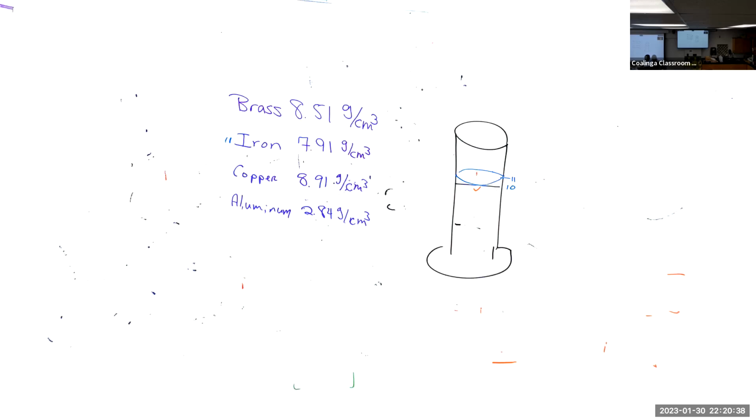You can leave the rulers and I'll pick up the extra ones. Actually, let's have them keep all the rulers. And then this one goes on top.